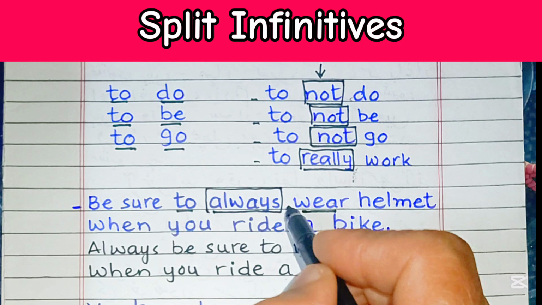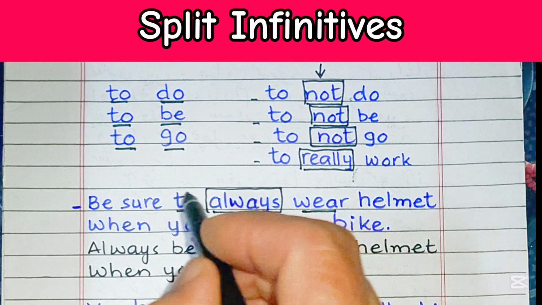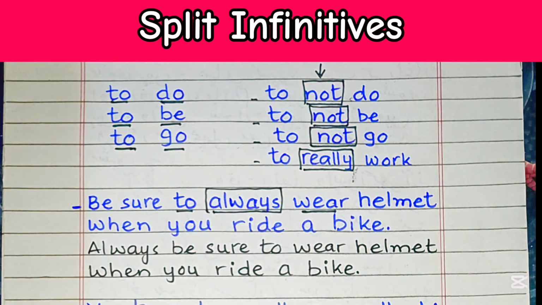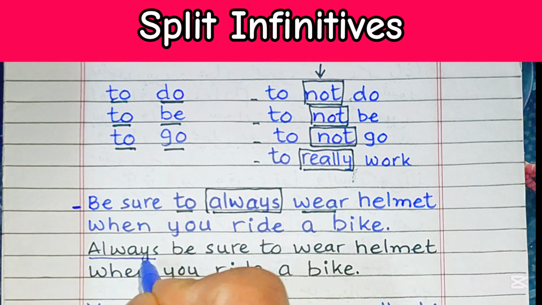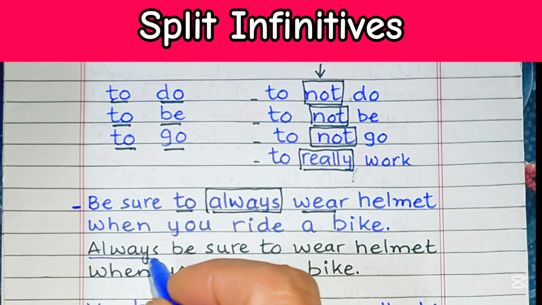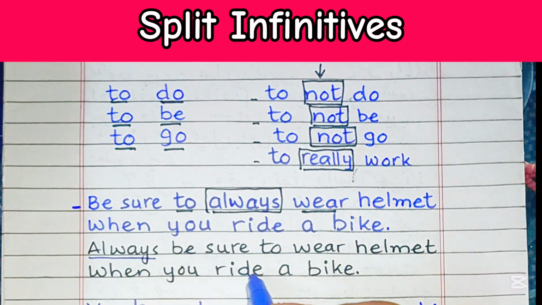To fix this, take always and put it at the beginning of the sentence and say, always be sure to wear helmet when you ride a bike.